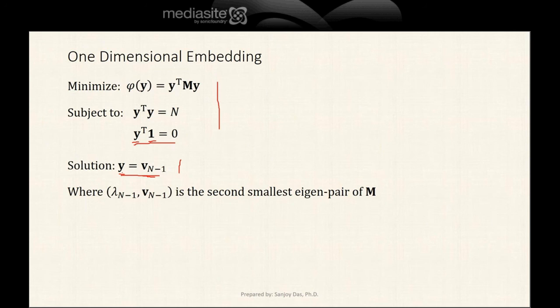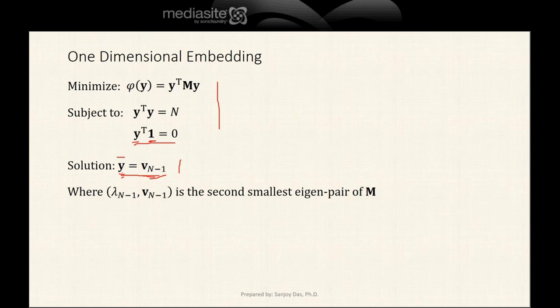So they have to be orthogonal to the smallest eigenvector 1. And so our solution is y equals Vn minus 1. So we take the second smallest eigenvector, Vn minus 1. And that gives us the coordinates y in our one-dimensional embedding.